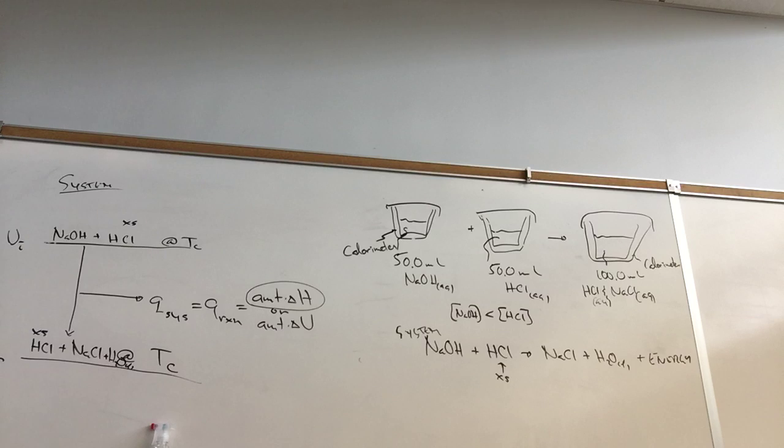But if you think about this, we're taking 50 milliliters of sodium hydroxide, 50 milliliters of HCl, and when you mix them together, we should end up with 100 milliliters of product solution. We started off with 50 plus 50, which is 100, and we end up with 100. So, was there any change in the volume? One way of thinking about this is, if we did this in a bomb, would things be different?